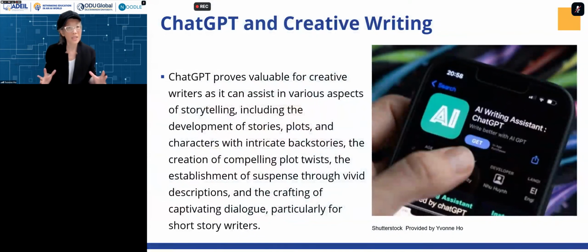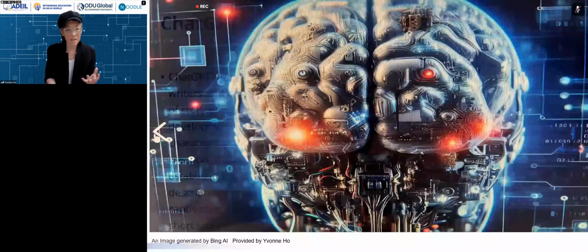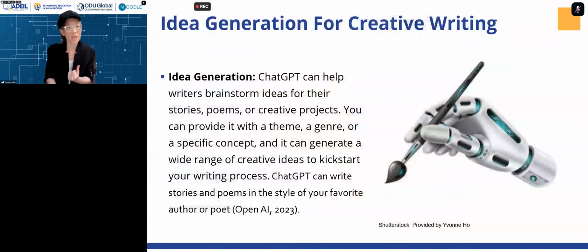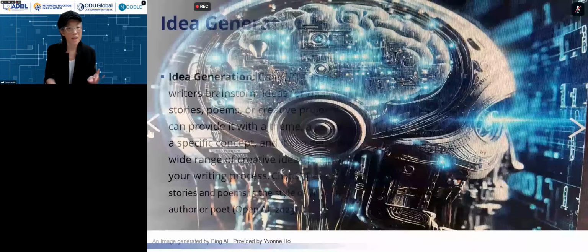And so ChatGPT provides valuable resources. If you're writing a story, then ChatGPT can give you advice on plot development, character development, plot twists, and dialogue, and how to write a good story, so idea generation for creative writing. ChatGPT can help writers brainstorm ideas for stories and poems.